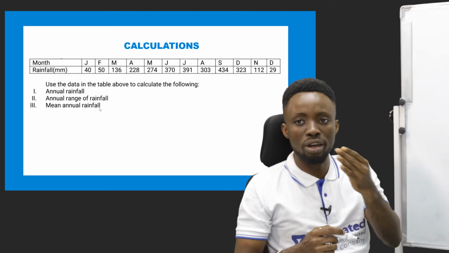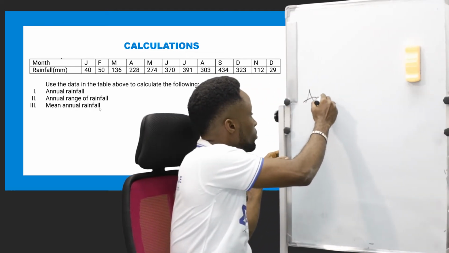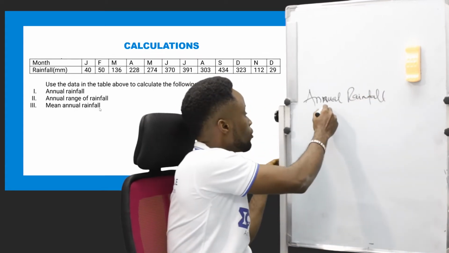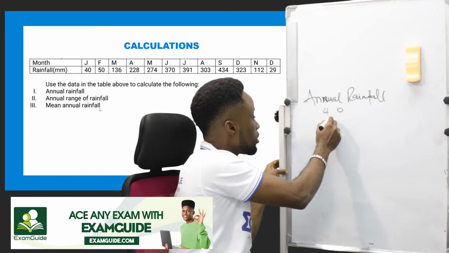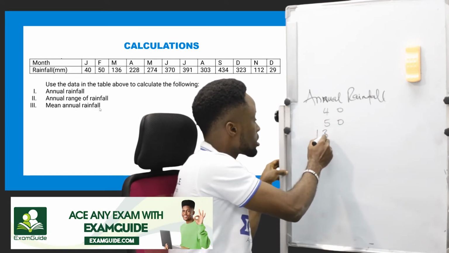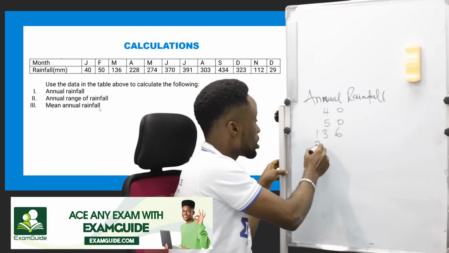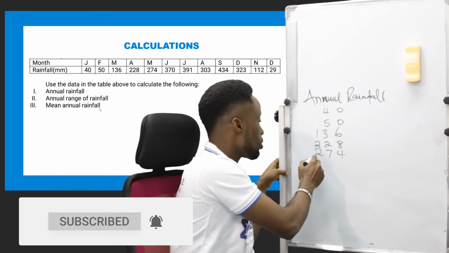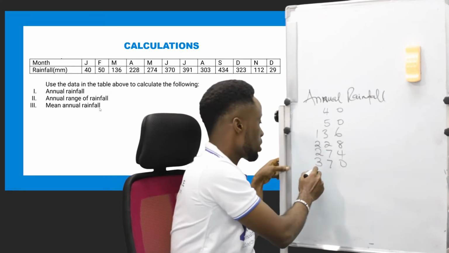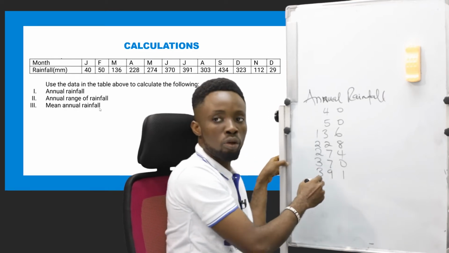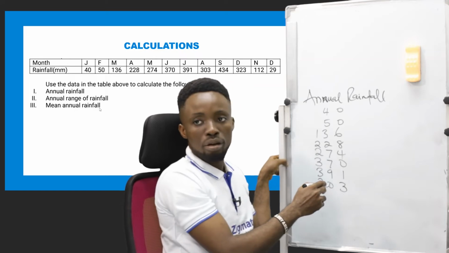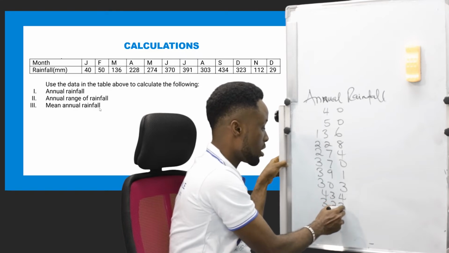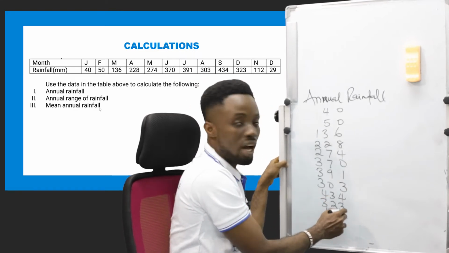Of rainfall from January to December. So annual rainfall will be equal to 40 plus 50 plus 136 plus 228 plus 274 plus 370 plus 391 plus 303 plus 434 plus 323 plus 112 and plus what?